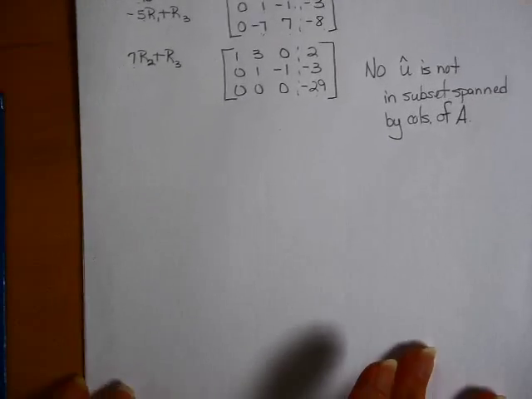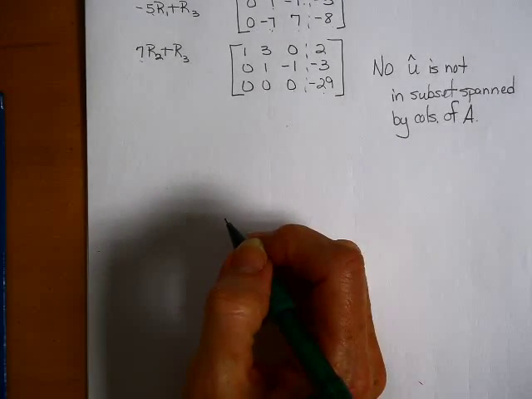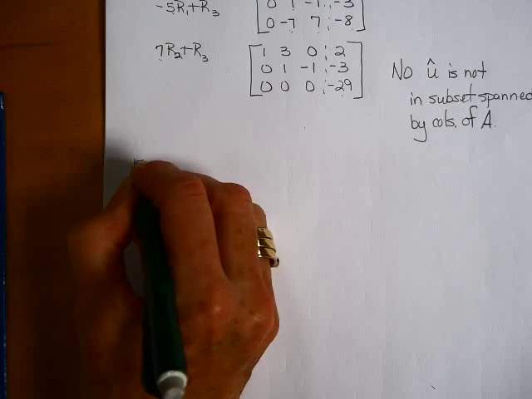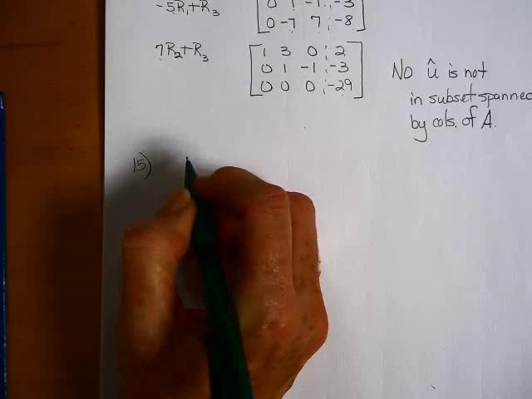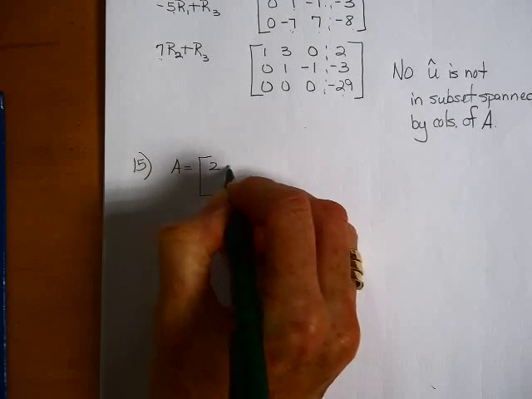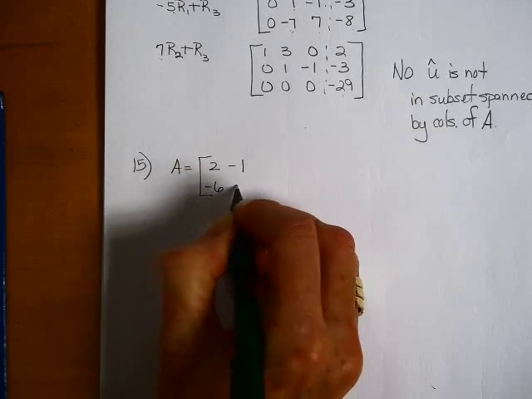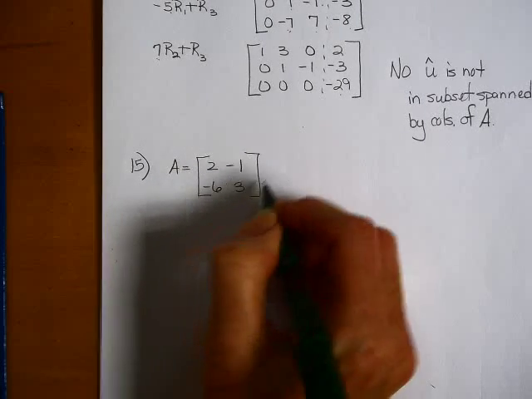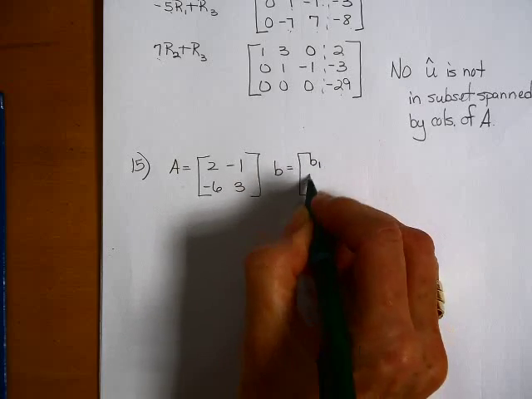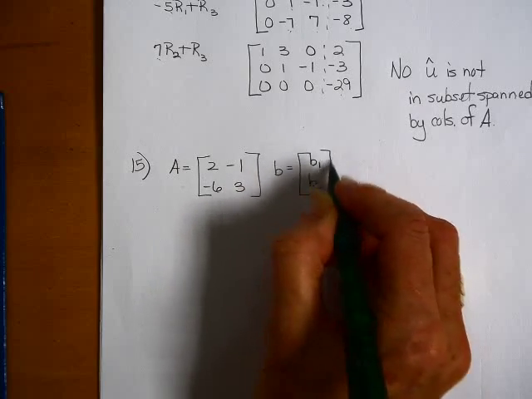Okay. We okay there? So number 15. Same kind of question, except your matrix A is 2, negative 1, negative 6, 3. Your B is B sub 1 and B sub 2.